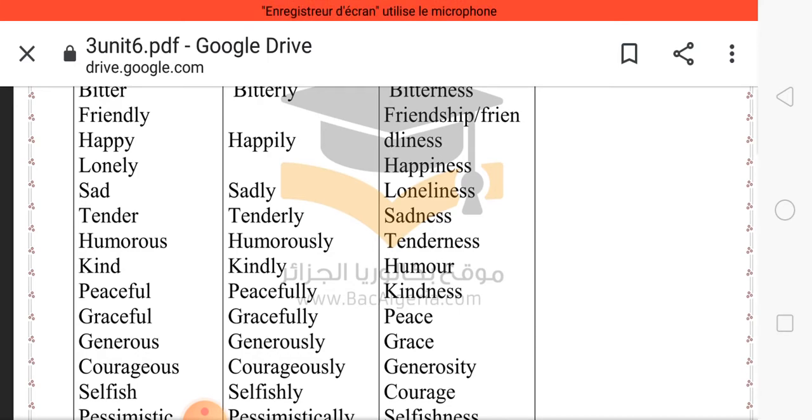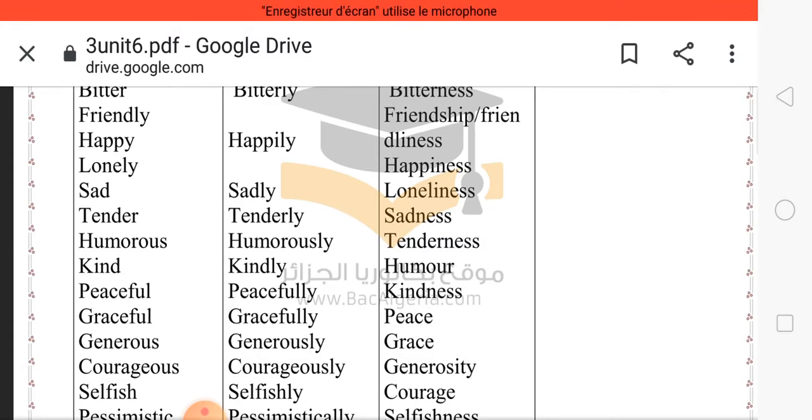The adjective sad. The adverb is sadly. The noun is sadness. Tender. It becomes tenderly, but the noun is tenderness.